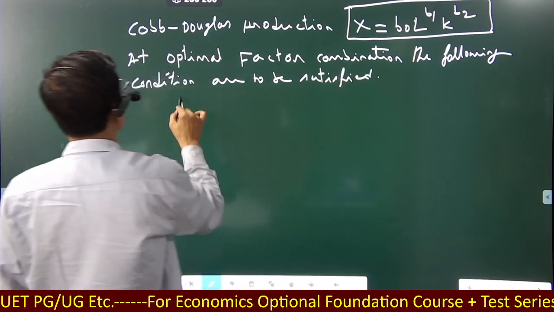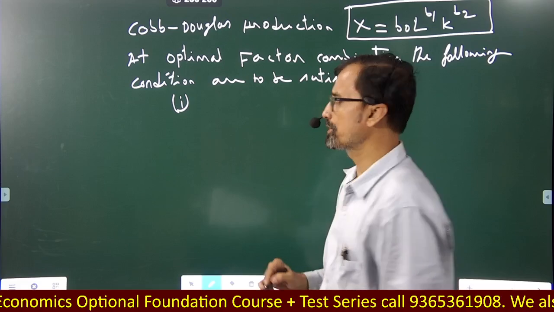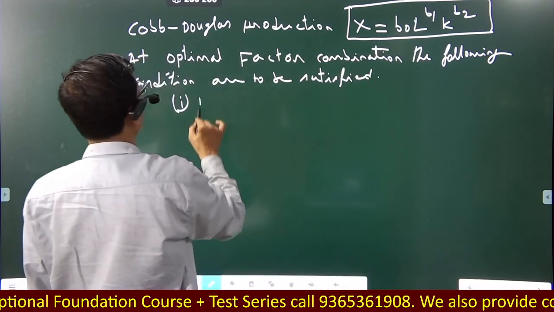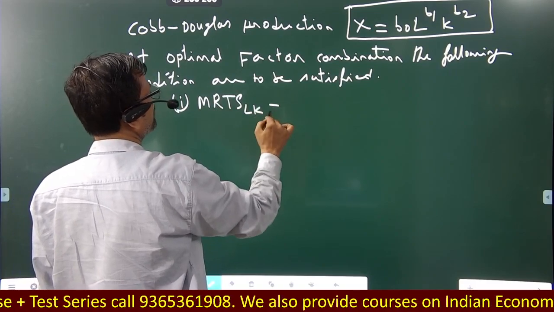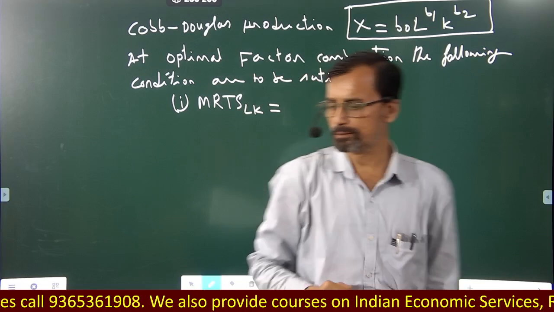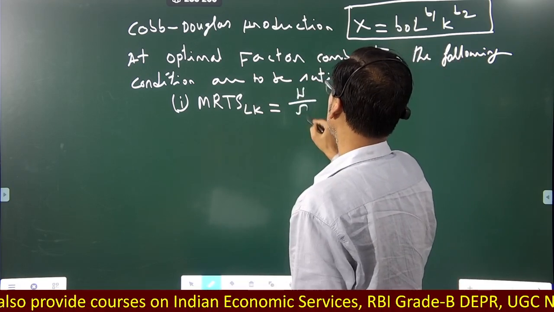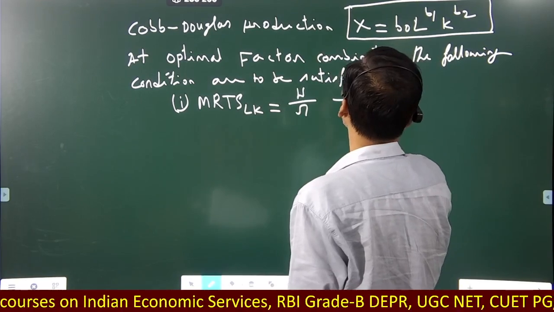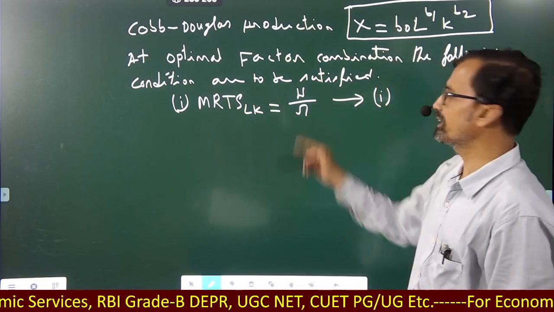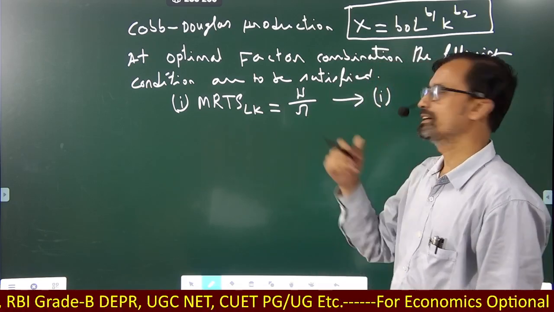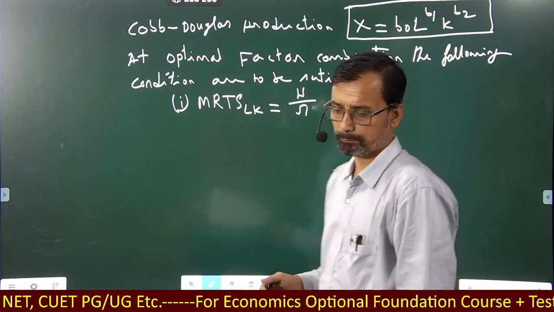Number one, the marginal rate of technical substitution of labor for capital must be equal to the wage divided by the rate of interest R. This is equation number one. R is the price of capital, W is the price of labor.